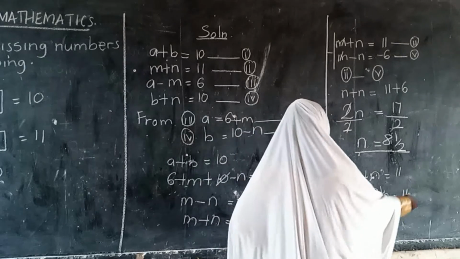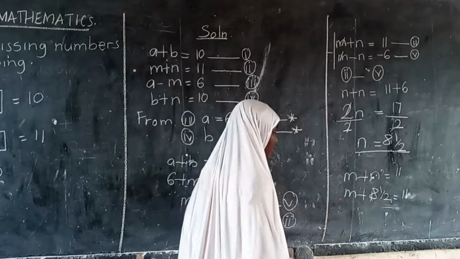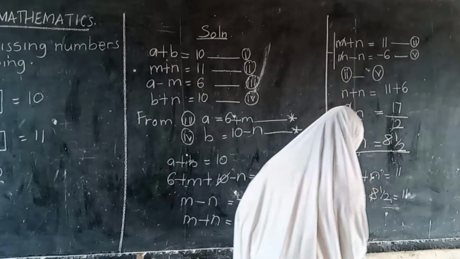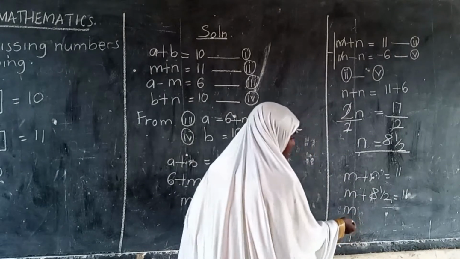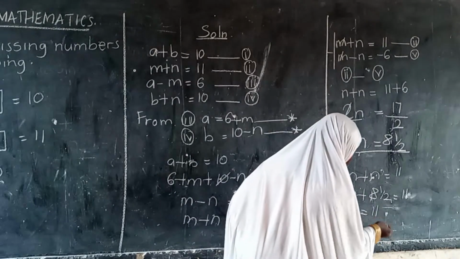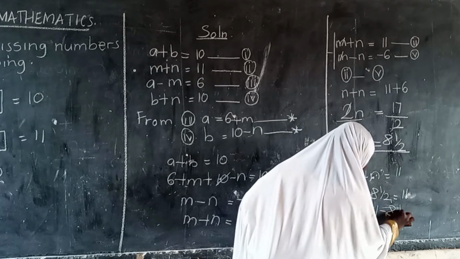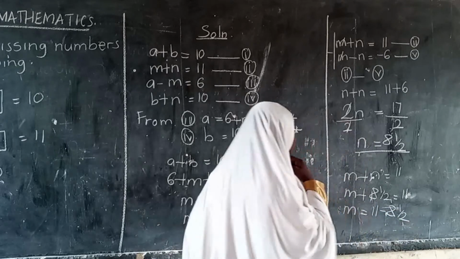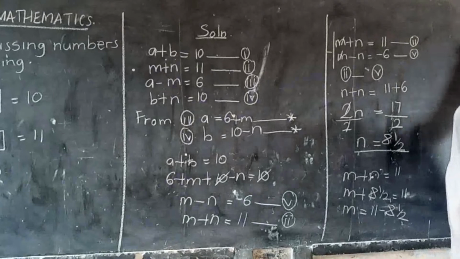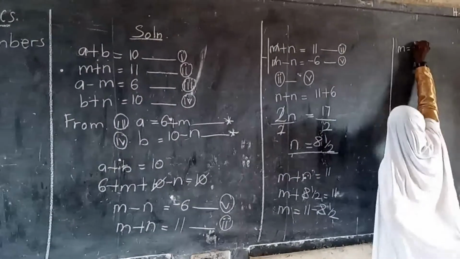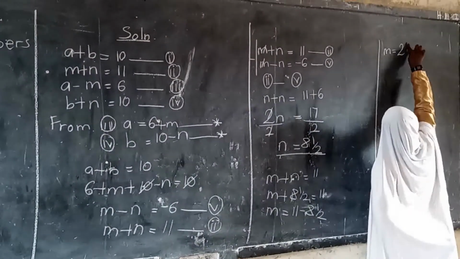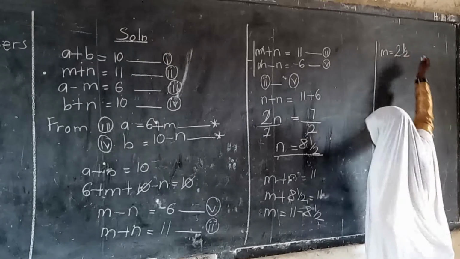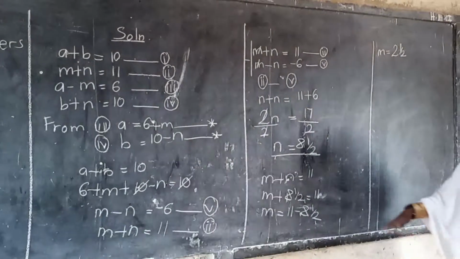We take 8.5 that side so that we can obtain the value of M. It will be M is equal to 11 minus 8.5. So our M here is equal to 2.5. That is the value of our M.